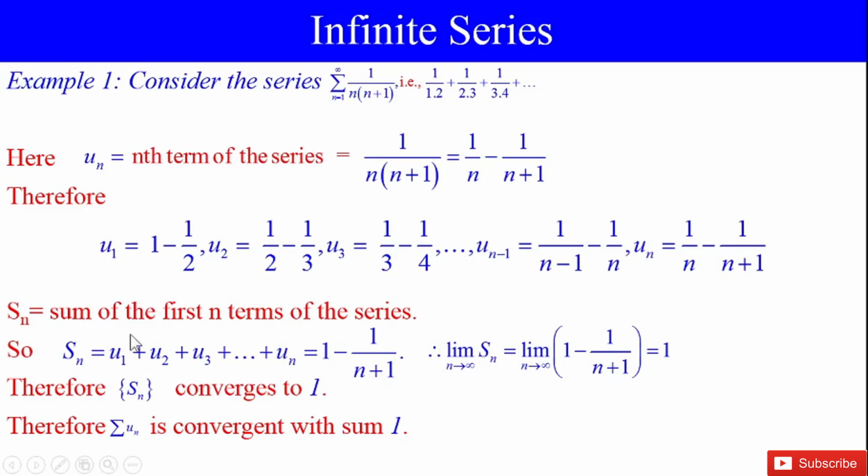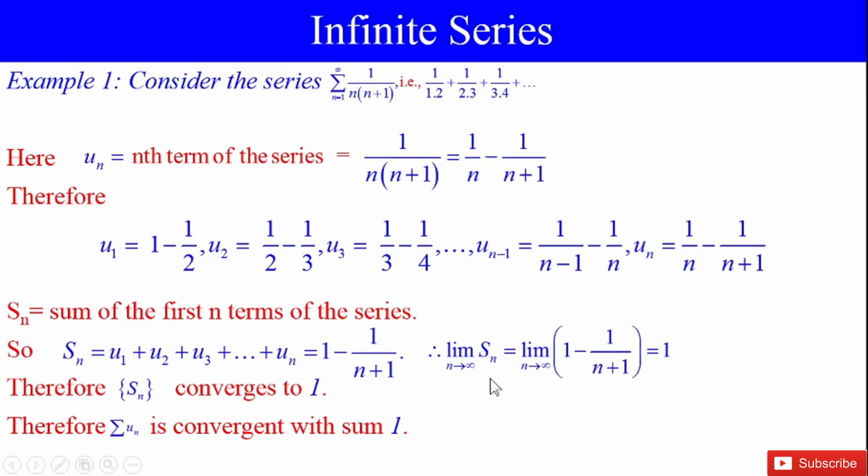Now, Sn is equal to the sum of the first n terms of the series. Therefore, Sn is equal to u1 plus u2 plus u3 plus ... plus un, which is equal to 1 minus 1 by n plus 1.